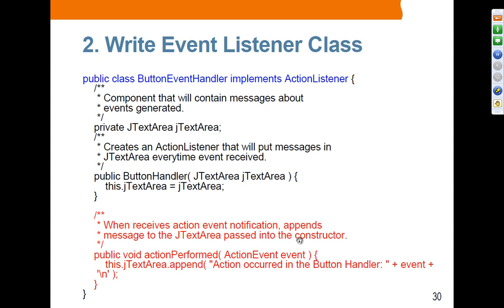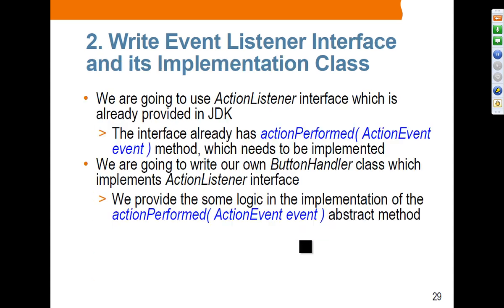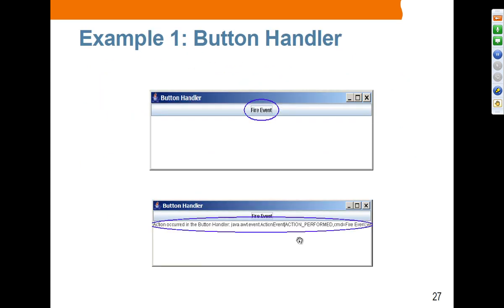So we are basically implementing it. This is our custom logic. In this case, we are basically appending this message to the text area. Okay, so the text area is this area. We are just adding this message.